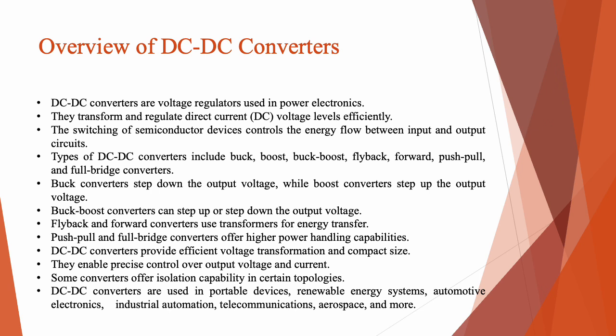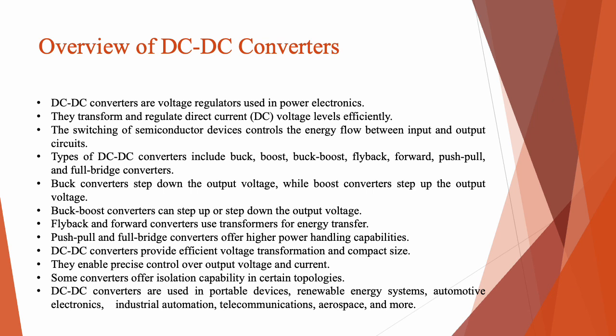Now, overview of DC-DC converters. DC-DC converters are voltage regulators used in power electronics that transform and regulate direct current voltage level efficiently. The switching of semiconductor devices controls the energy flow between input and output circuits. Types of DC-DC converters include buck, boost, buck-boost, flyback, forward, push-pull, and full bridge converters.